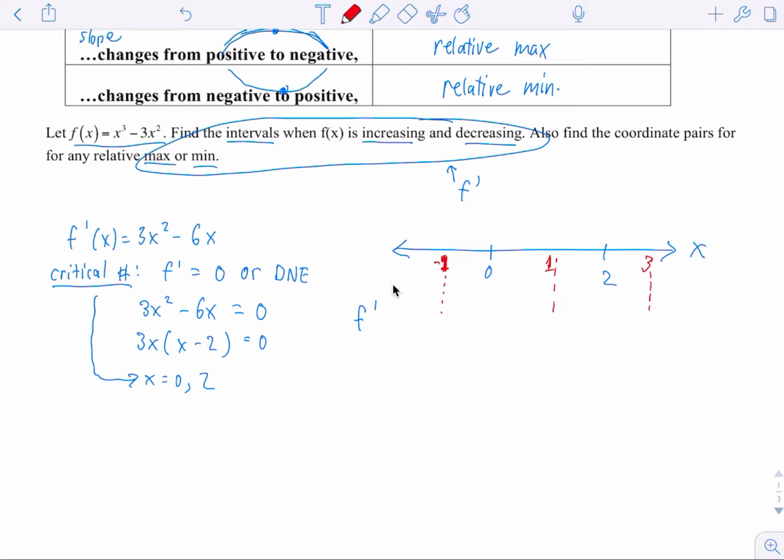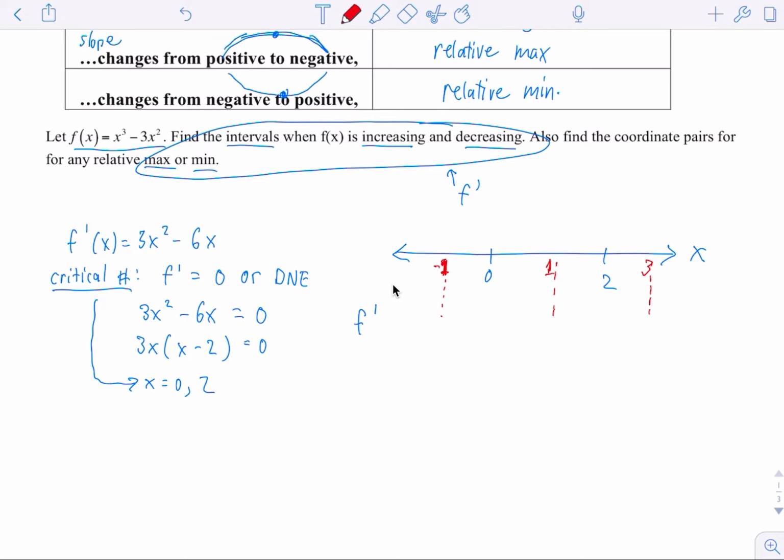If I plug -1 into my derivative, f prime of -1 is going to equal 3 times -1 squared minus 6 times -1. That ends up becoming positive 3 plus 6, which is a number greater than 0. So we know all the numbers in this zone are going to be positive.